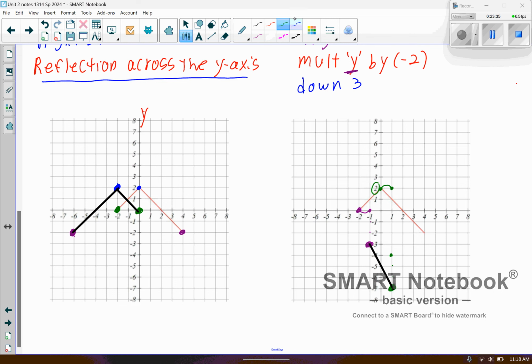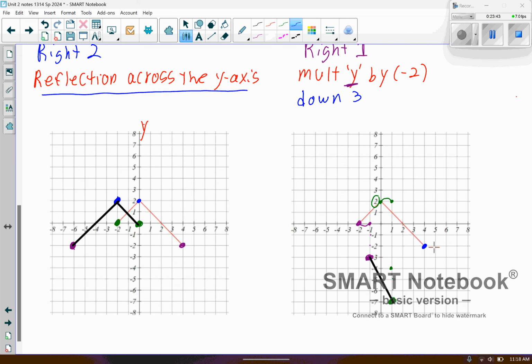And so let's see, we'll do this one in blue. So right here, we have to start by going to the right 1. So I end up right here. Then we're going to multiply y by -2. Well, currently y is -2. So -2 times -2, that's going to flip me all the way up here to 4. My y value being 4 now.